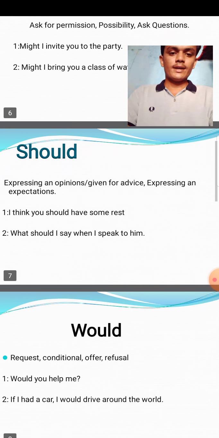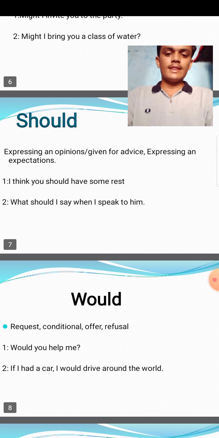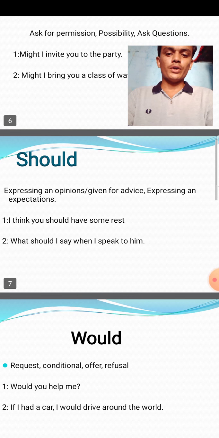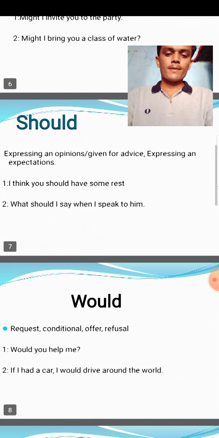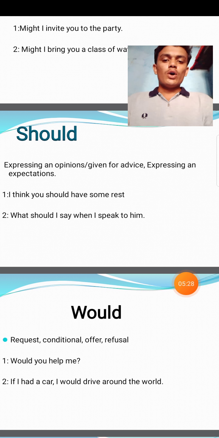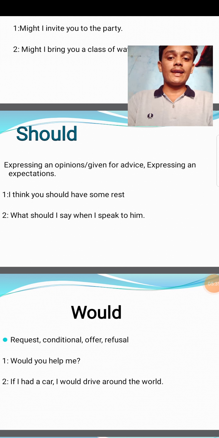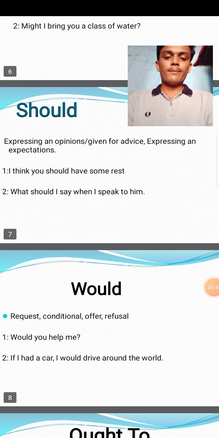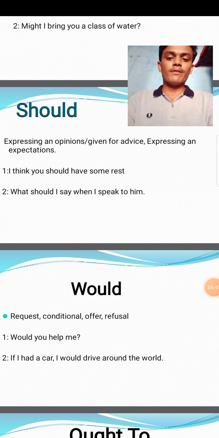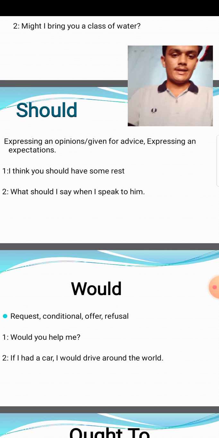Number 5 is should. Should is used for expressing an opinion, giving advice, expressing expectations. Example 1: I think you should have some rest.